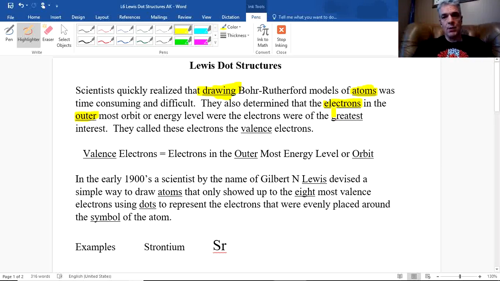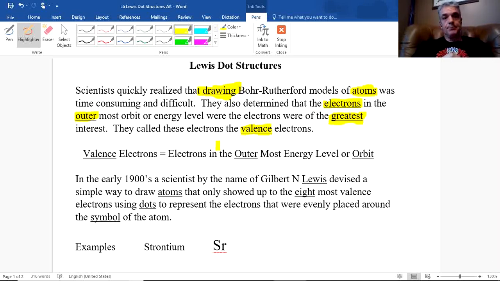They were the ones that were involved in what the atom was going to do and how it was going to behave. So they had the most interest in them, and so they named those electrons that were in the outer energy level valence electrons. And you're going to hear this term as well. So I'm adding some new terminology here: valence electrons, electrons in the outer shell, right?